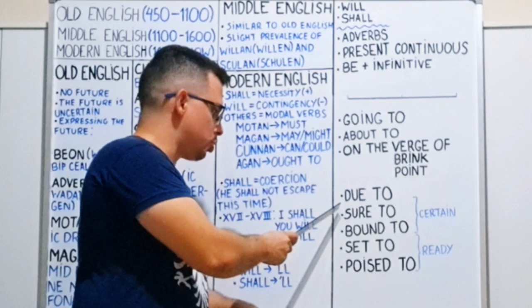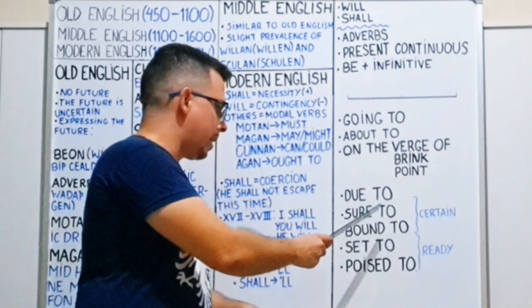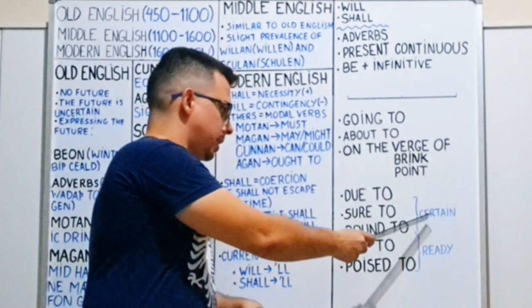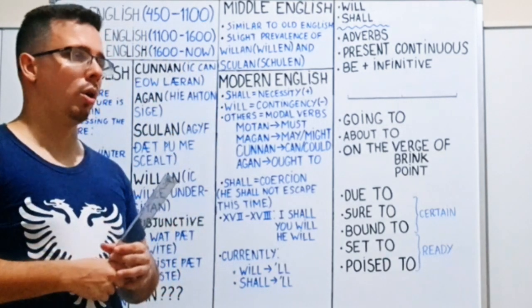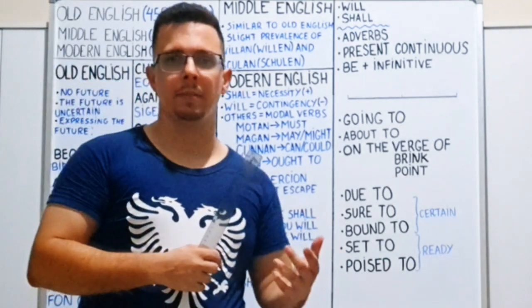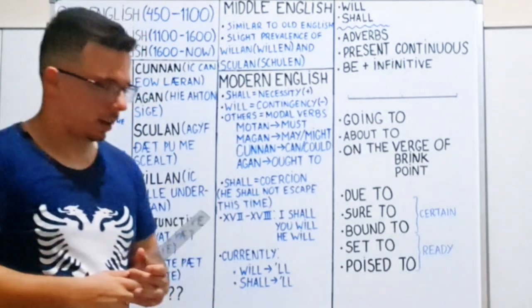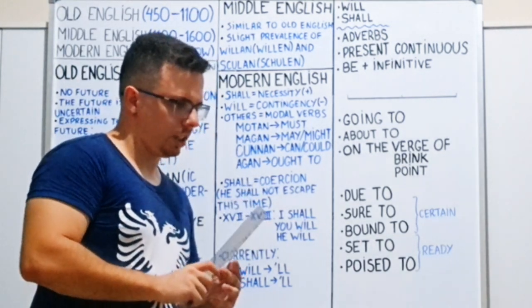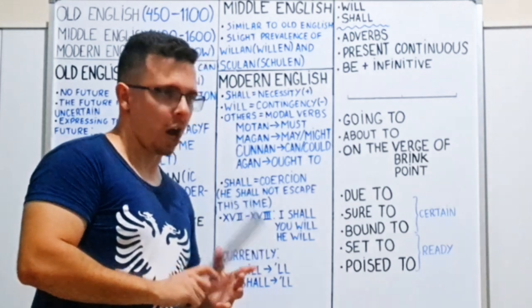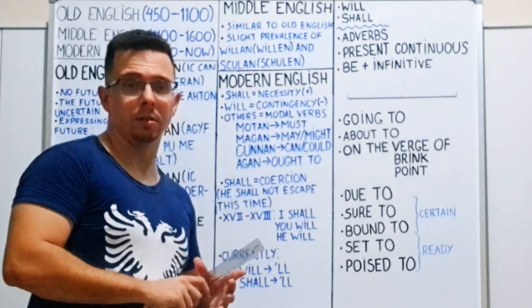We have these two, "sure to," "bound to." They have the sense of certainty. So I'm sure, or something is sure to happen, right? Like, the conflagration is sure to hurt some people.